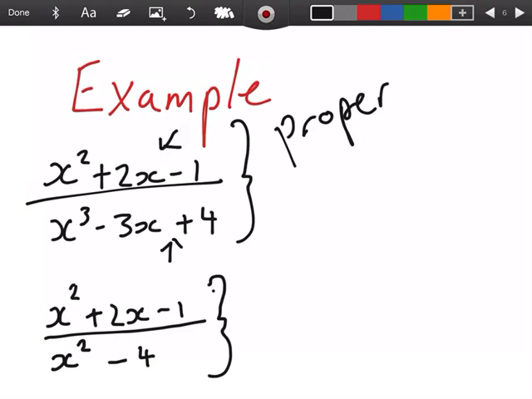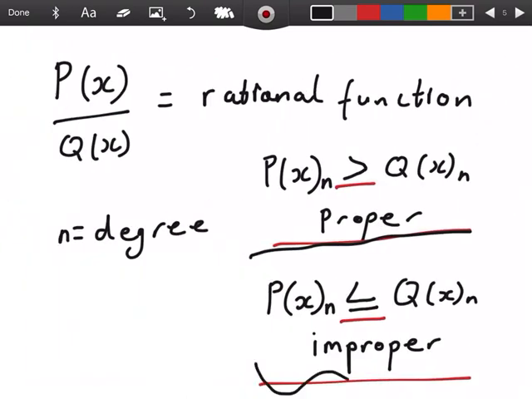That's better. That'll do. So we have x squared plus 2x minus 1 divided by x squared minus 4. So we've got a degree of 2 divided by a degree of 2. Well, let's have a look back at our little rules. Now, the improper rational functions, it's so easy to forget this, so please dig it into your memory.